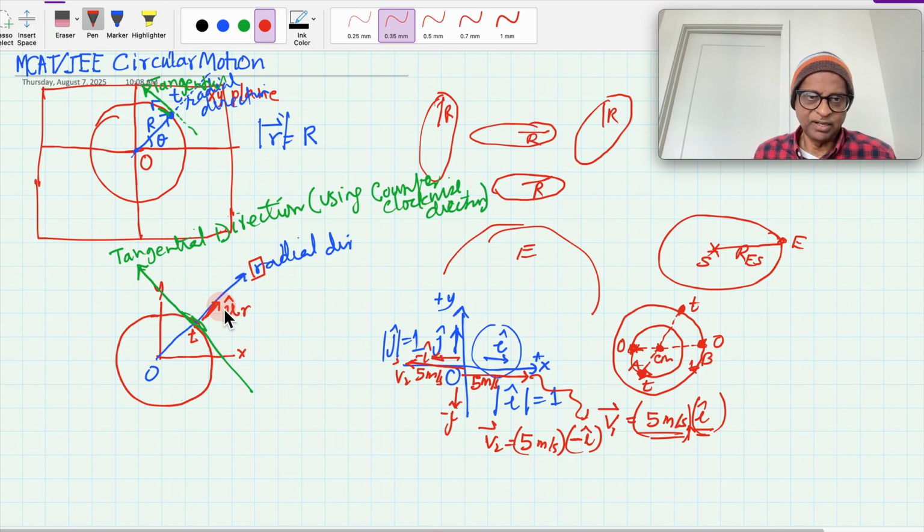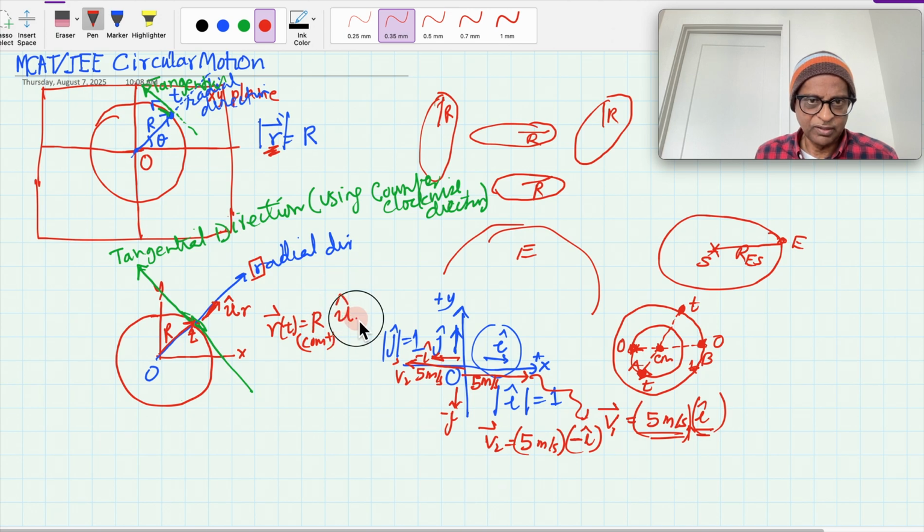So this is the direction. If I were to write the vector from here to here, that distance is r. So the position vector at instant t will be r, which is constant.